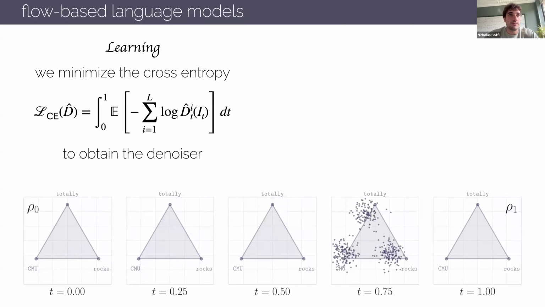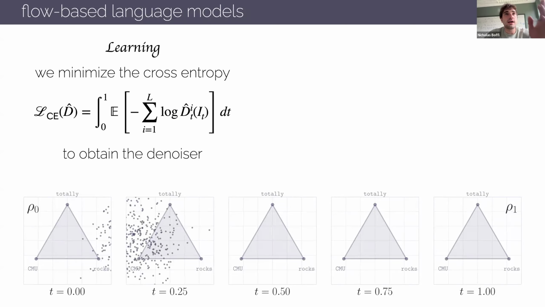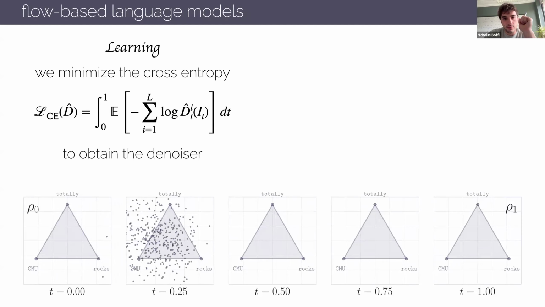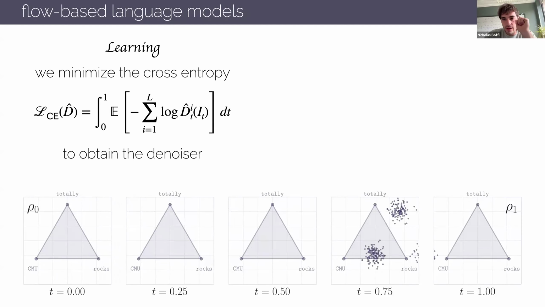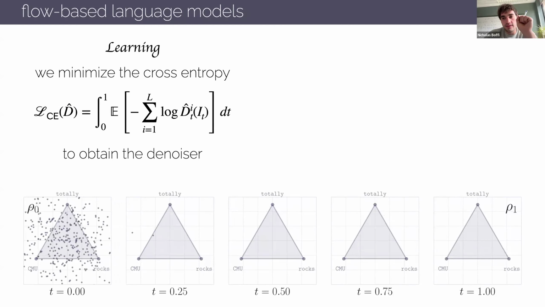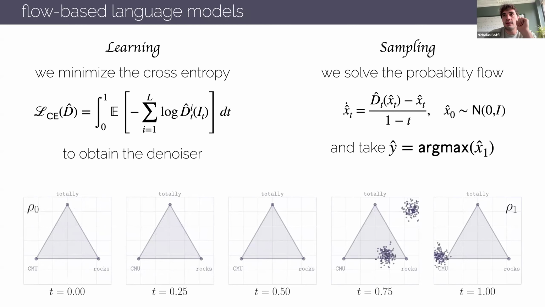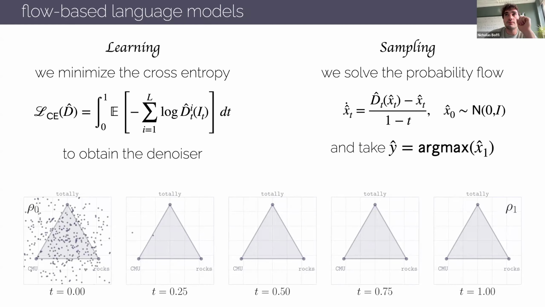Okay, so let's summarize what we've done. To learn, I'm going to minimize the cross entropy. And in fact, I'm remembering now that there's a typo on this slide. It should be an expectation over that reparameterized time distribution. So it's not really an integral from 0 to 1; it should just be an expectation over time. I use this to learn the denoiser. And then once I have my denoiser estimate, I solve this approximate probability flow.